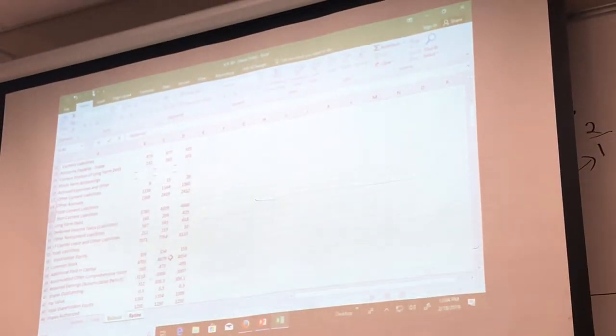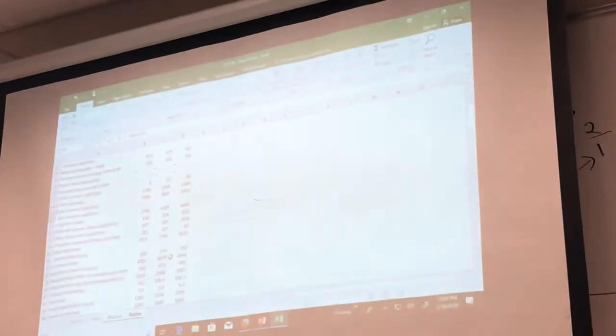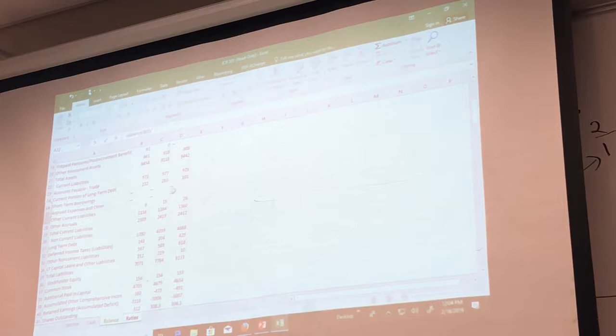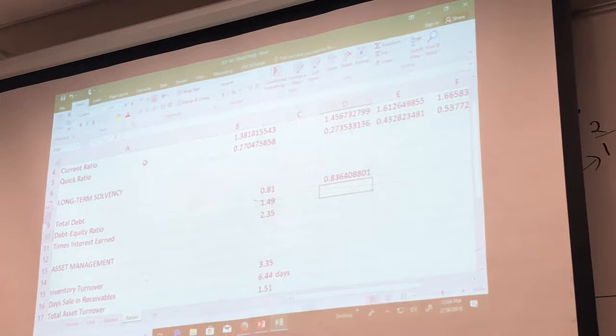Do you see total liabilities in row 35? Okay, so click on B35. B35 divided by total assets. Scroll up and look for total assets. Do you see it in row 21? So B21. So it's B35 divided by B21. And this is what you have.